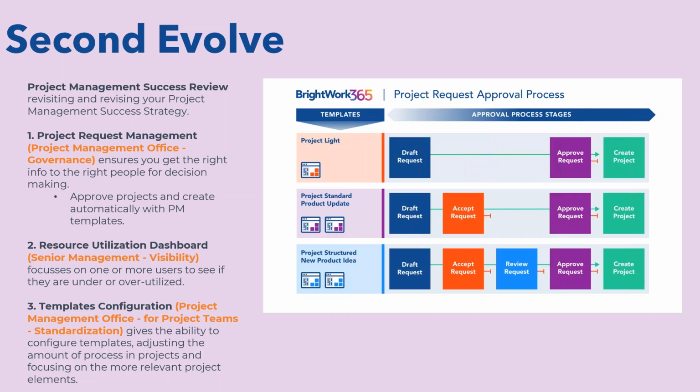And it's probably someone in the equivalent of a PMO type role who will set this up. And really what you're trying to do is make sure that the right projects get started at the right time with the right resources, and projects that shouldn't get started don't.